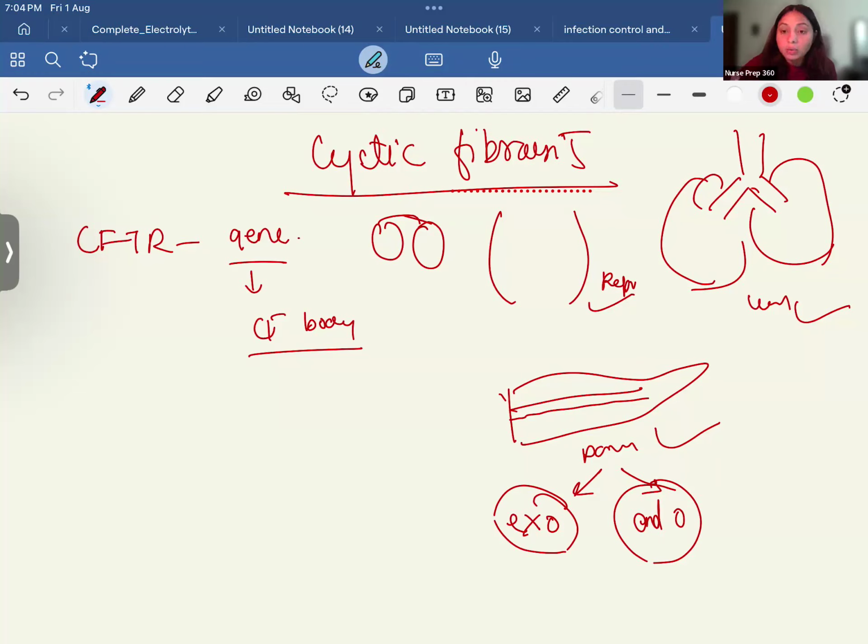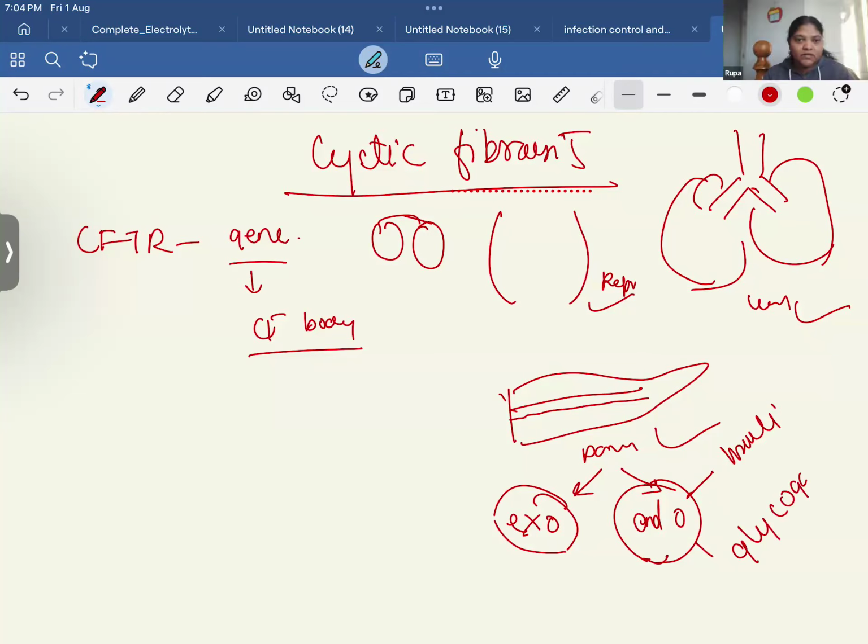Endocrine means without any duct, directly pouring your hormones into your blood, which is your insulin and glucagon. Insulin is produced by beta cells and glucagon by your alpha cells. Exocrine works through a duct in the pancreas.